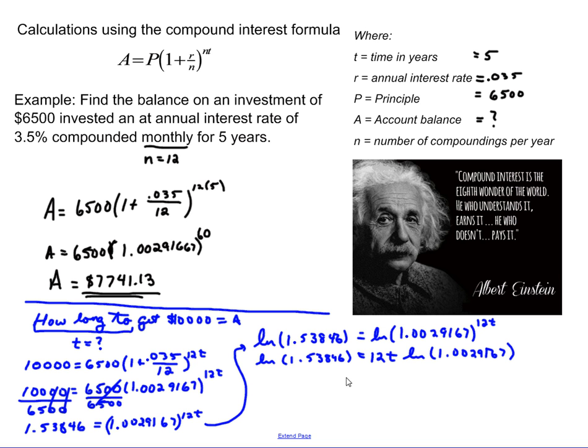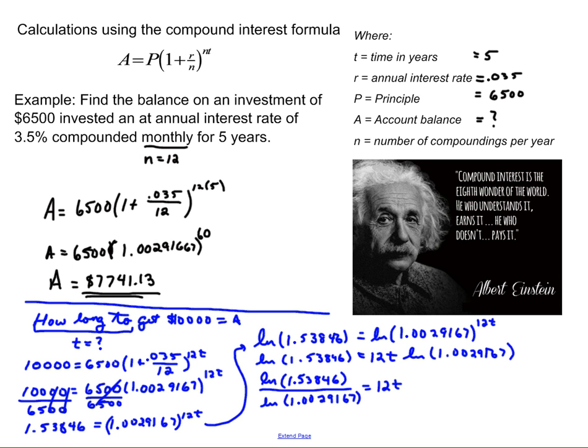Okay, so how would I do this? Well, one thing that I could do right here is divide both sides by this logarithm. So I'm going to divide the left and the right by this logarithm. And I'll note that I now would be able to find this particular value and divide it by 12 in order to solve for t.